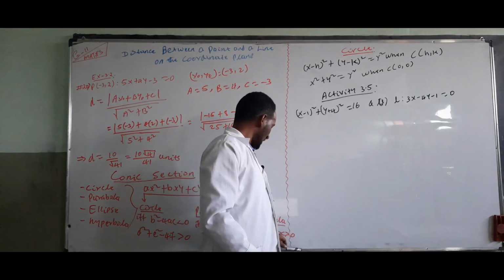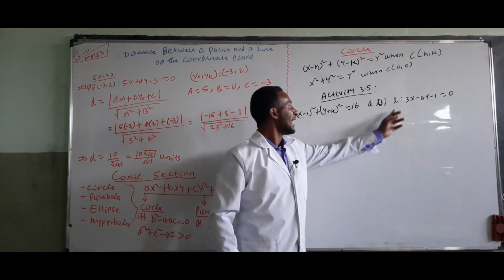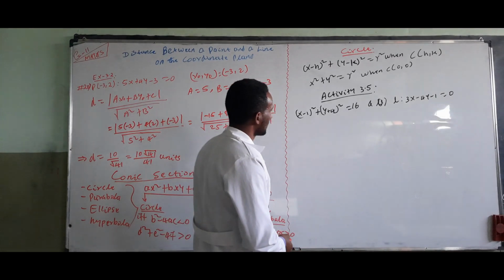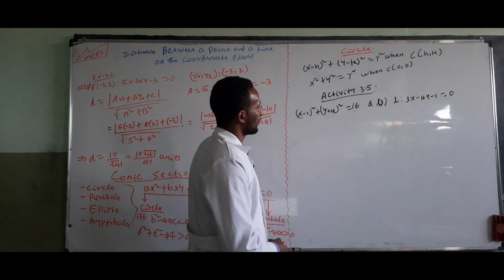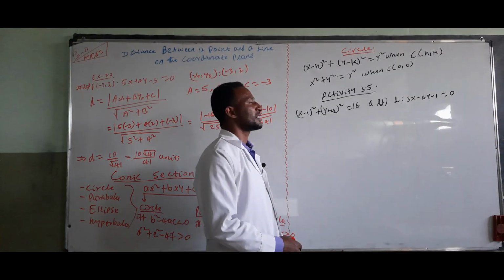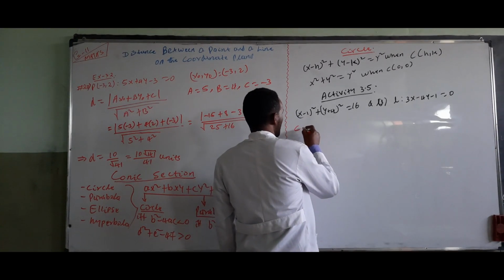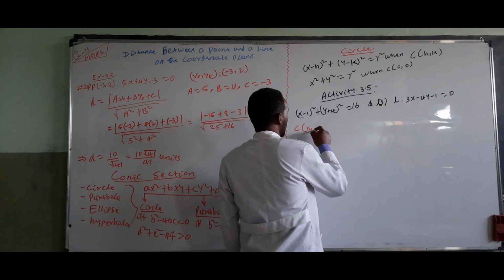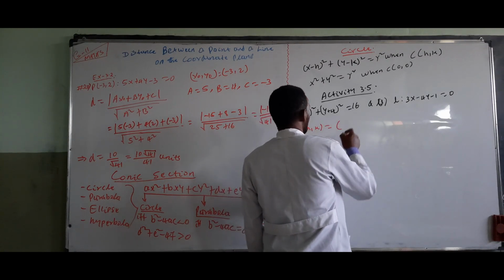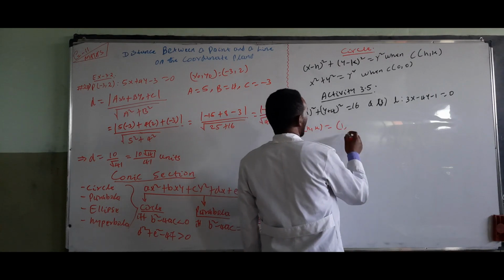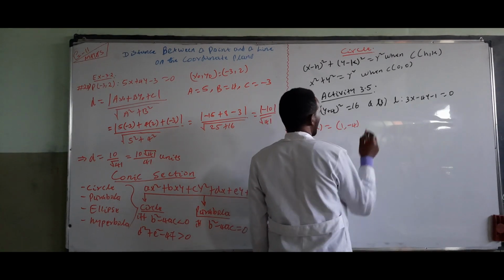When we find the distance between this line and the center of the given circle, we can draw the graph of this circle by taking its center. Center C = (h, k), which is (1, −4).